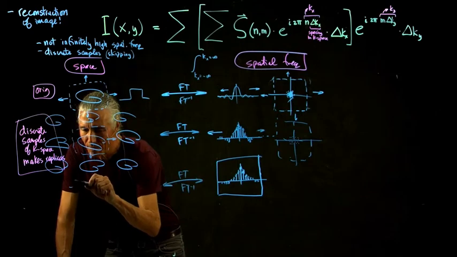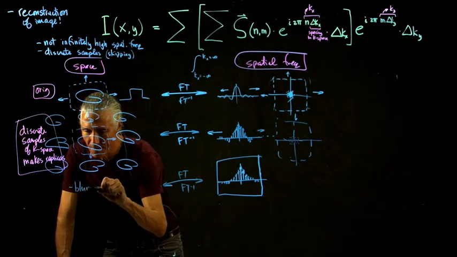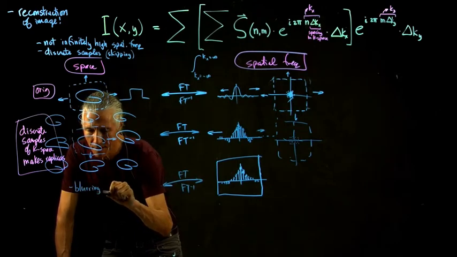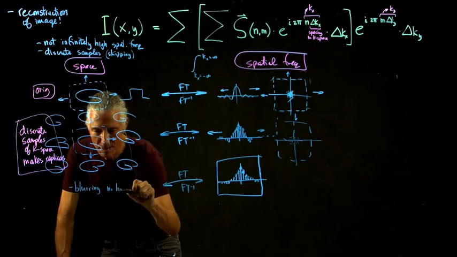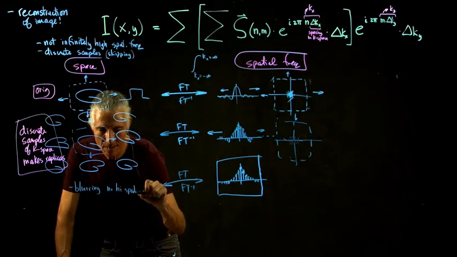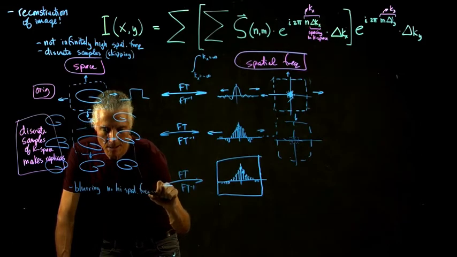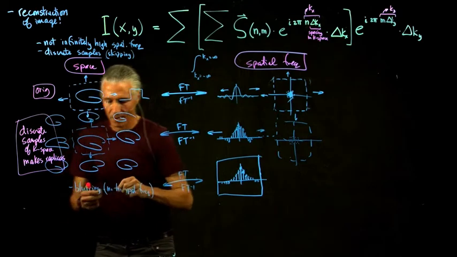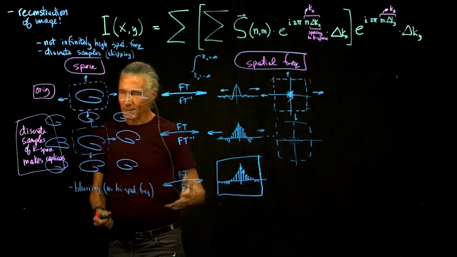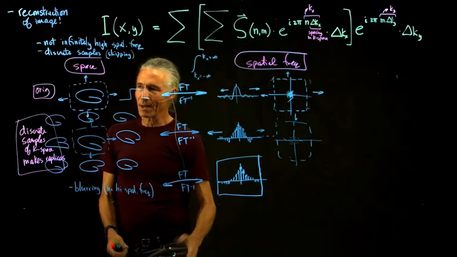So we'll have some blurring, no high spatial frequencies. So that is another way of saying we'll have a finite voxel size.